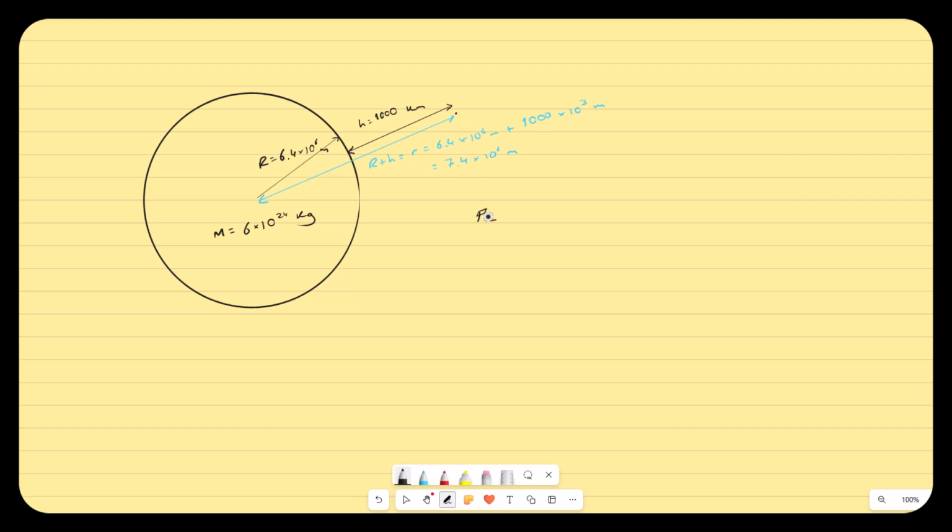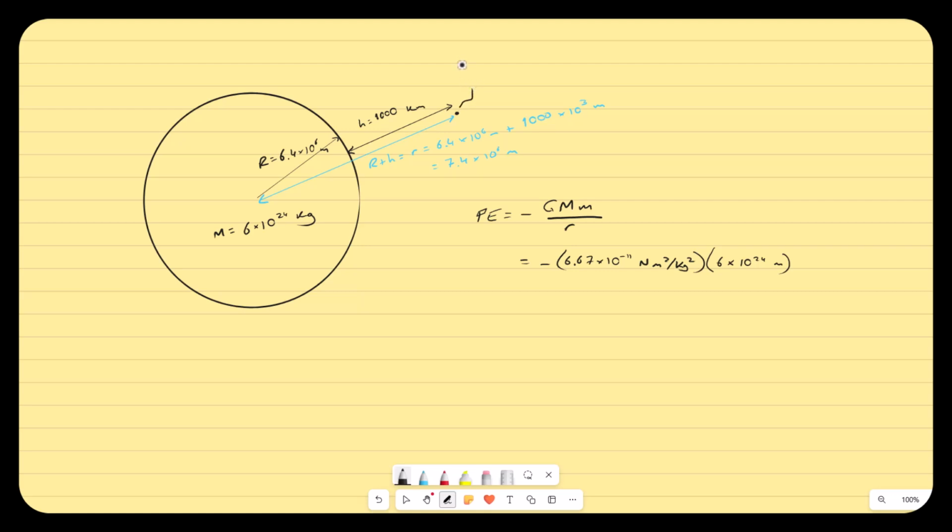My potential energy is going to be negative G M over r, so negative 6.67 times 10 to the negative 11th newton meter squared per kilogram squared, times the mass of the Earth, 6 times 10 to the 24th kilograms. I need a mass for the object that I put here.